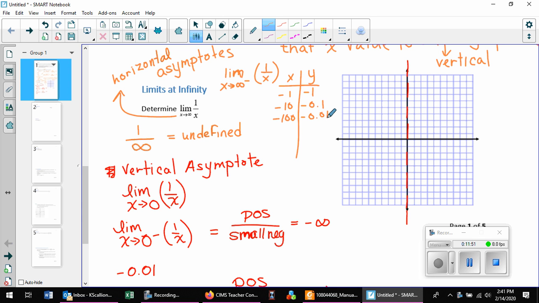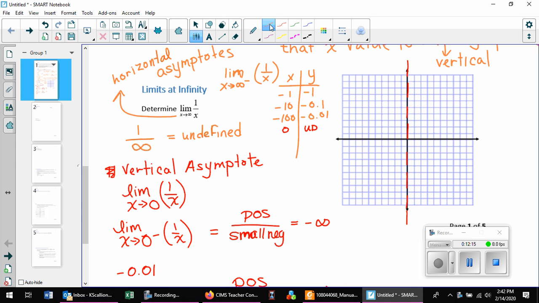I'm headed to 0, right? And we know at 0, it's undefined because of this asymptote stuff, right? This asymptote told us that at 0, I'm going to be undefined because there's my vertical asymptote.